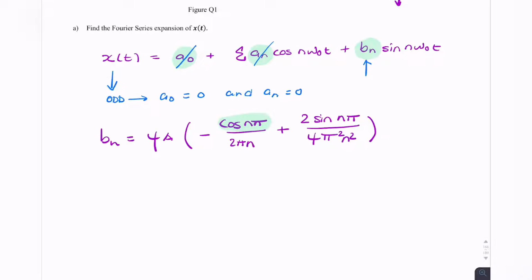Now cosine n pi we can simplify because we know that cosine n pi is either 1 or minus 1, so it's minus 1 to the power n, and sine n pi is always 0.